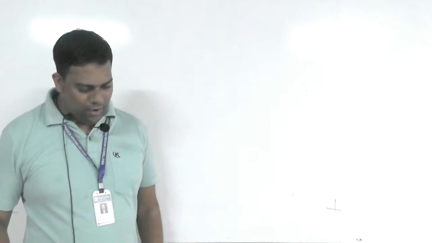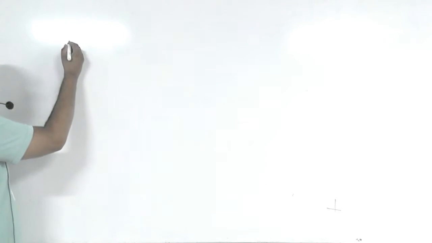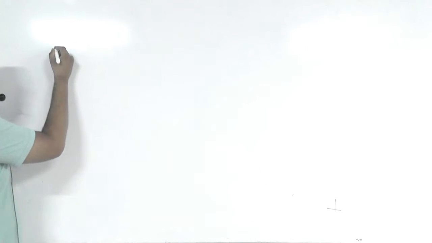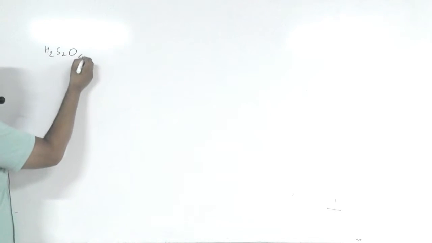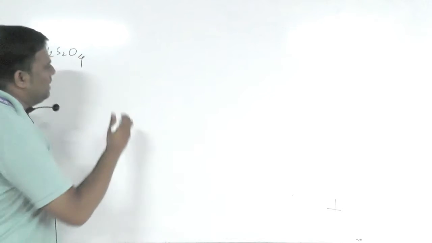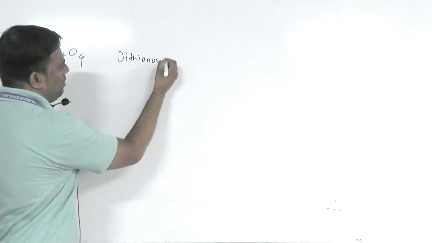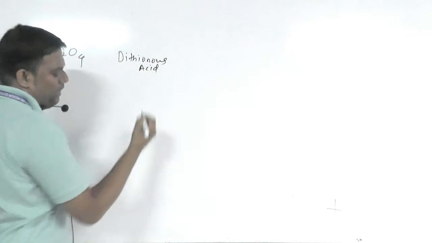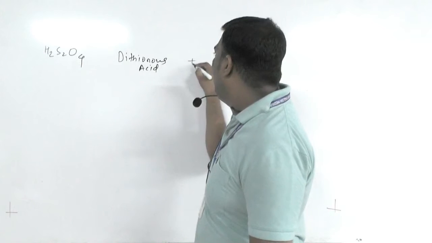After this, next you write down H2S2O4. Now what do we call H2S2O4? Write down the name also: dithionous acid. The oxidation number here is +3.